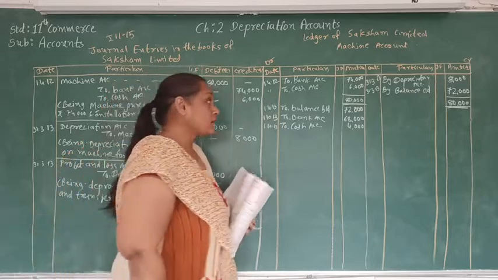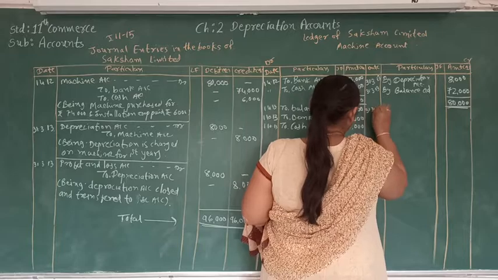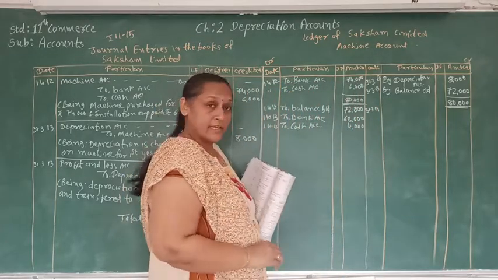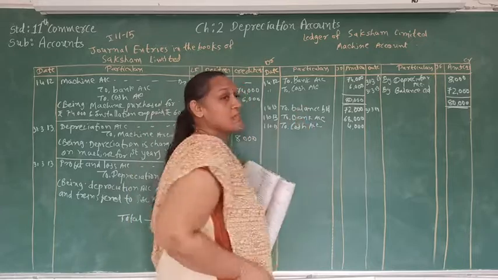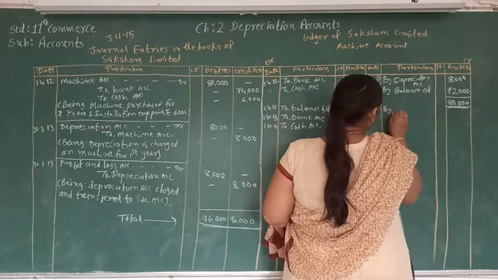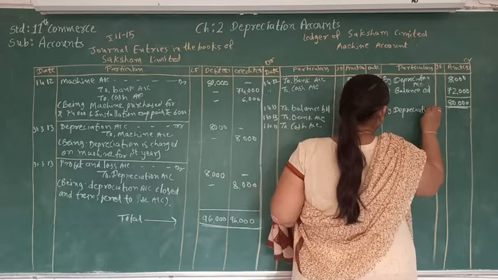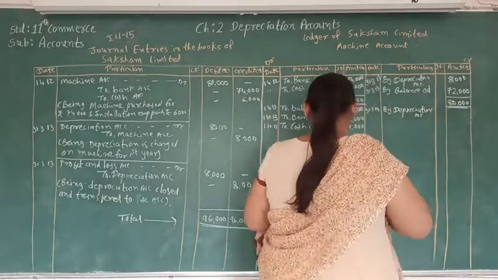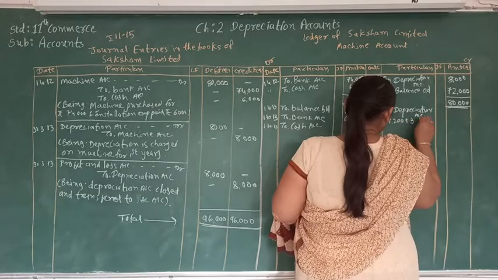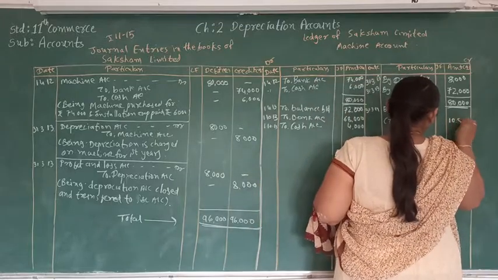Now at the end of the second year, on 31/3/14, we are going to provide the depreciation, and we have already calculated the depreciation for the first machine as well as the second machine, and that is by depreciation account. The depreciation will be 7,200 plus 3,600, so the total amount will be 10,800.